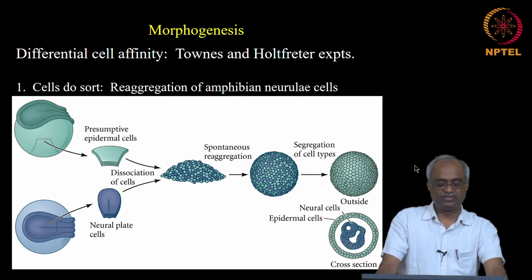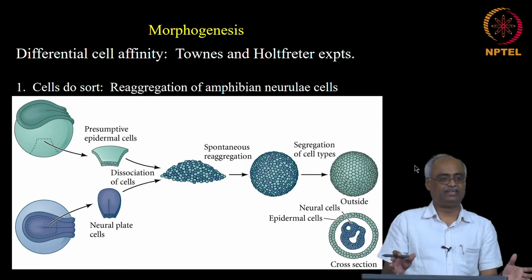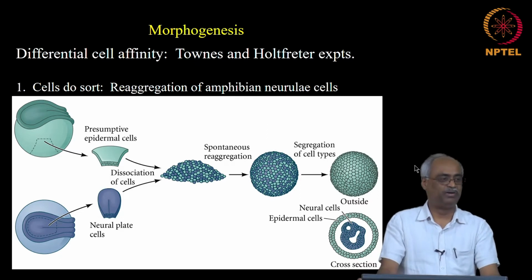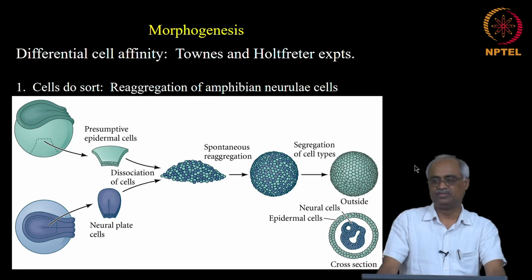So, this is one of the classical experiments where, very fortunately, in the frog embryonic stages, the blastomeres, the cells in the early embryo, can readily dissociate if you put them in an alkaline buffer. So, these scientists took advantage of that, they isolated cells in that way.